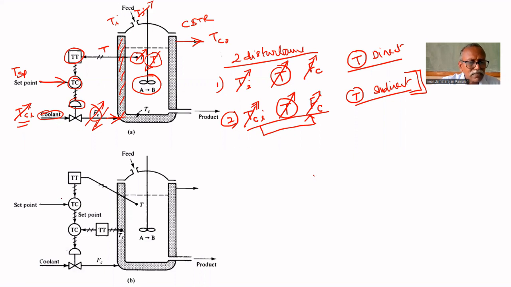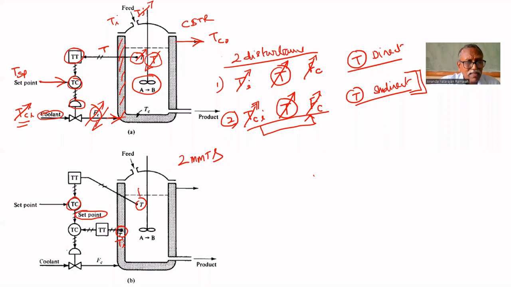Instead, the controller can give a set point for a flow controller. Here, any change in TCI is measured. The coolant temperature is measured here, as well as T. Two measurements.